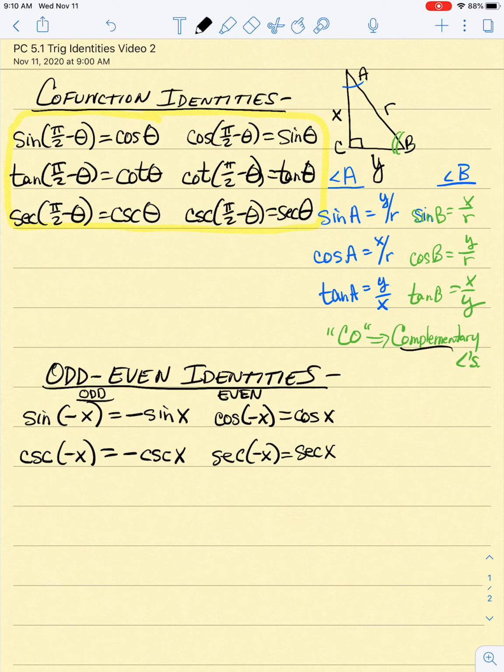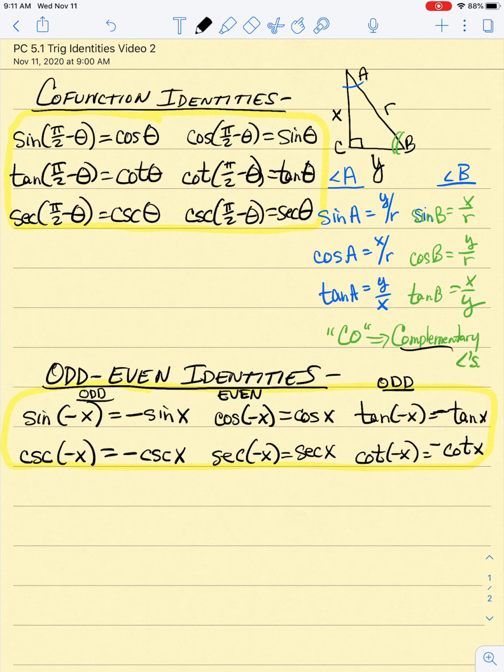And tangent is odd, so if we put tan of negative x, you get negative tan x. It's a negative sign there. Cotangent is also an odd function, so we get negative cotan x. And again, these live on your trig sheet. If you don't have one, add them to a new one.